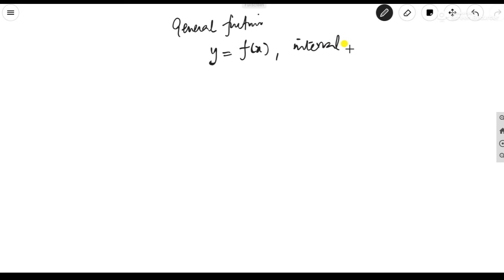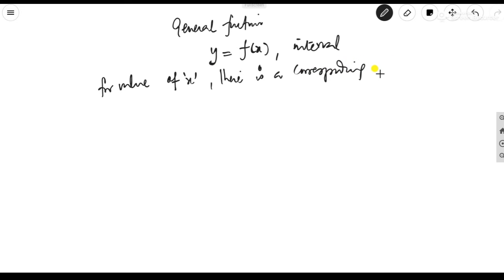So for each value of x there is a unique corresponding value of y in this interval, and only then is this a function defined, right?